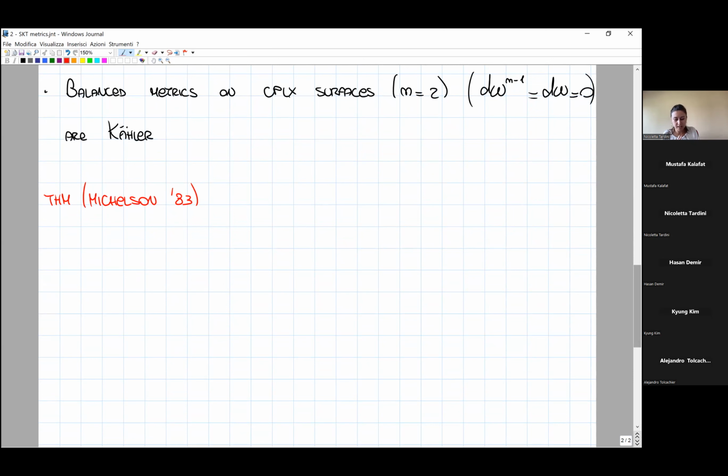But before Michelsohn, already Gauduchon studied balanced metrics, and called them quasi-Kähler metrics. So you can find different names for this type of metrics.